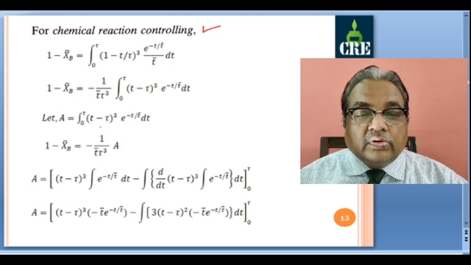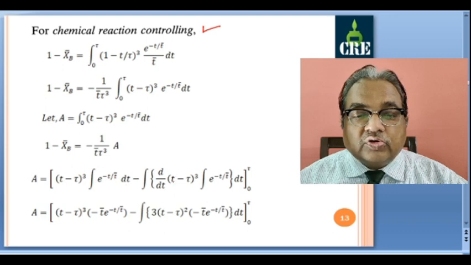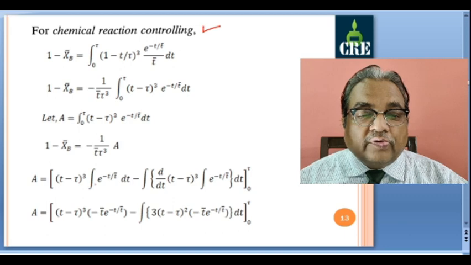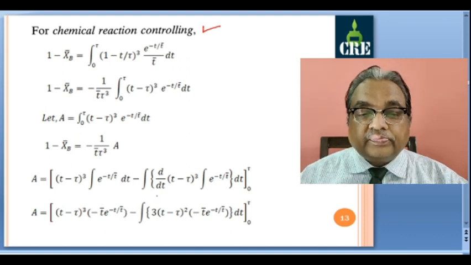When I solve, it is first function into integration of second, minus integration of derivative of first into integration of second. So we have written these terms. First function as it is, integration of the second, e raised to minus t by t bar, will be minus t bar into e raised to minus t by t bar.